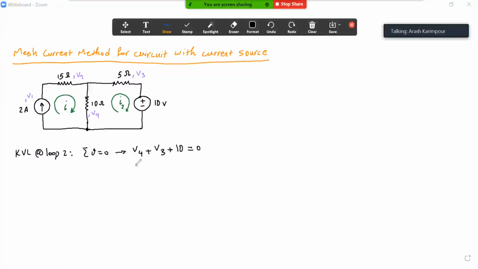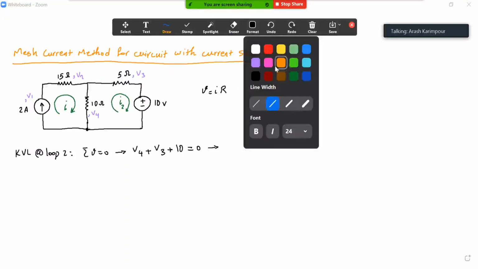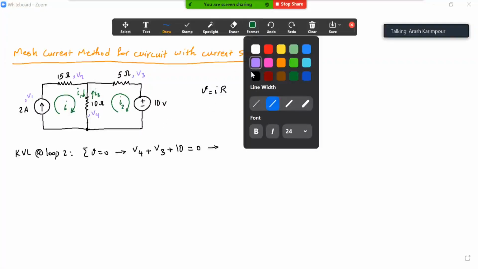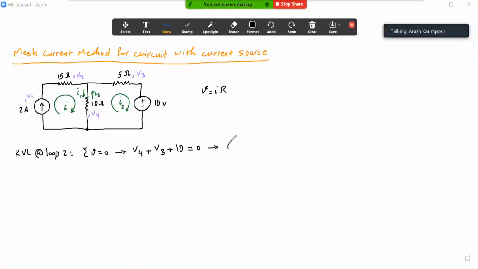Then I can replace each of these with the Ohm's law, which is V equals IR. I'm going to replace every V with IR. For V4, this middle one, I know I2 is going upward here and I1 is going downward here, so I have I2 minus I1, and the R is 10 ohm, times 10 ohm.